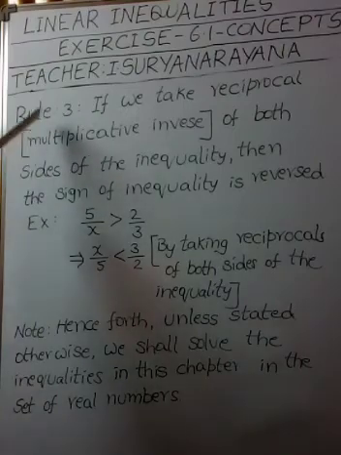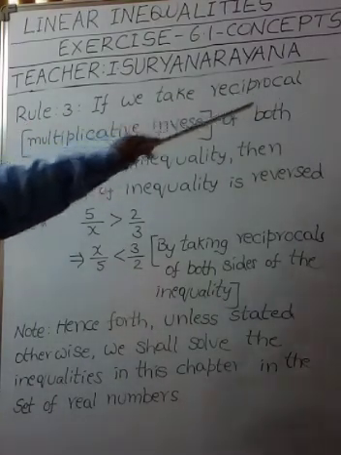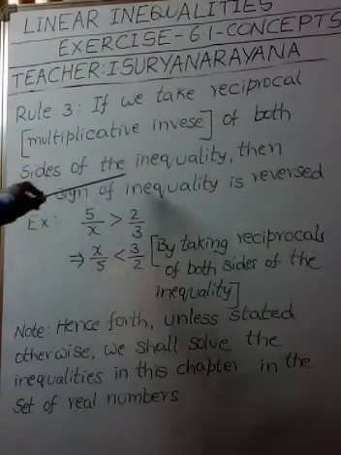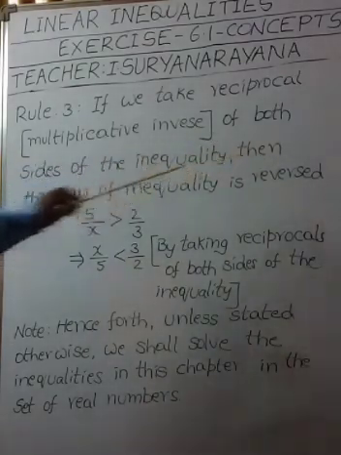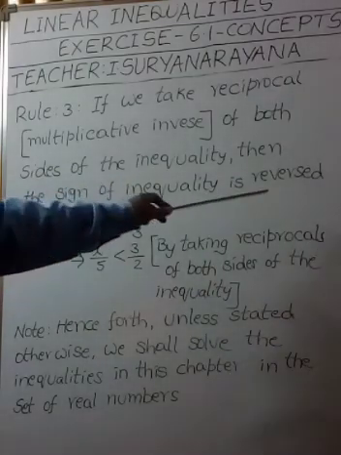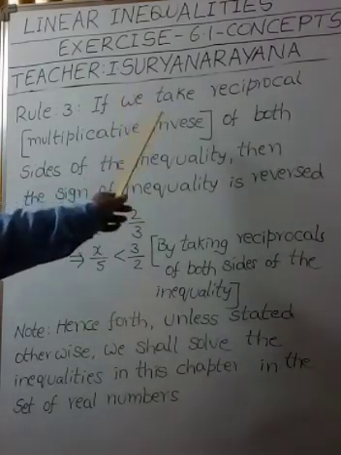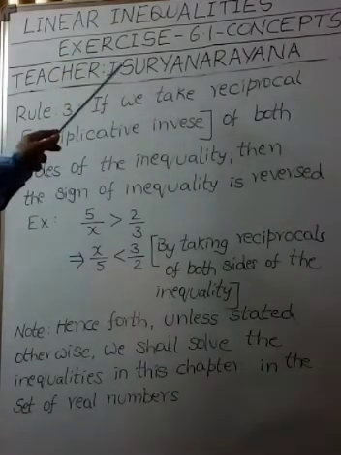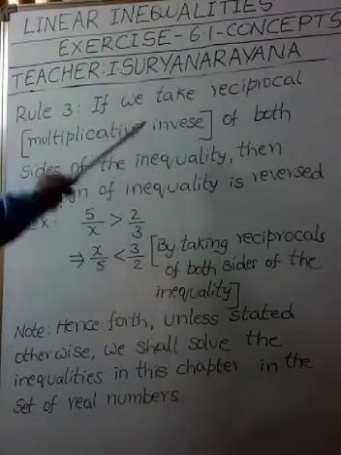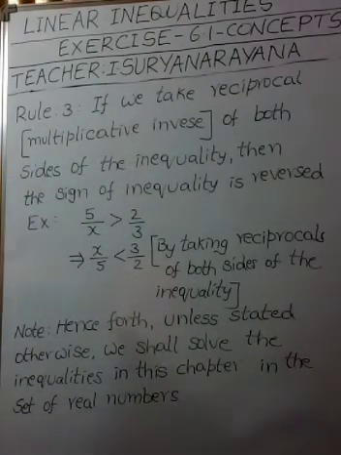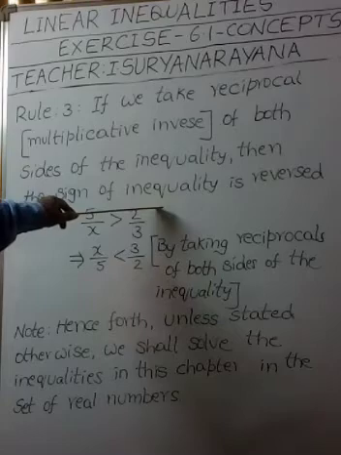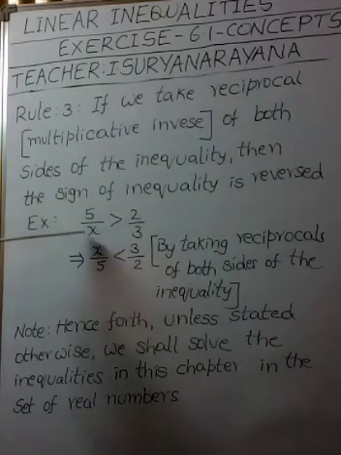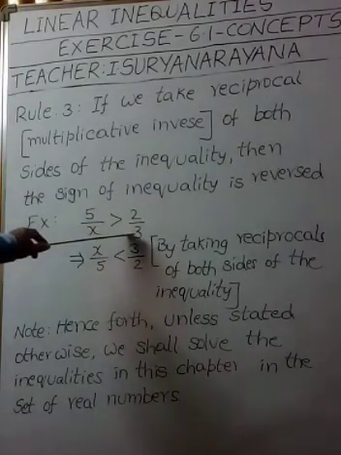Rule number 3. If we take the reciprocal or multiplicative inverse of both sides of the inequality, then the sign of inequality is reversed. Understood this point, my dear children? See this example, 5 by x greater than 2 by 3.